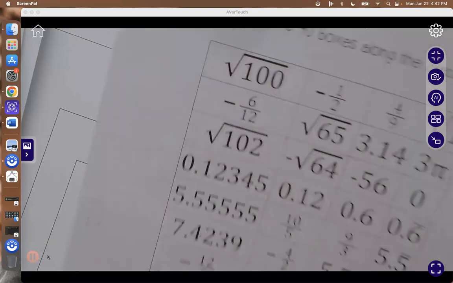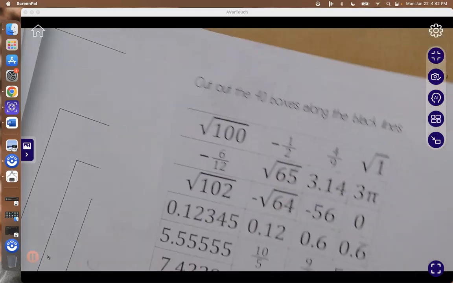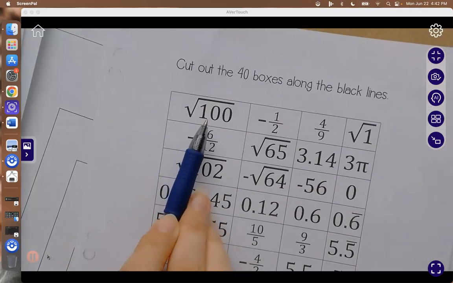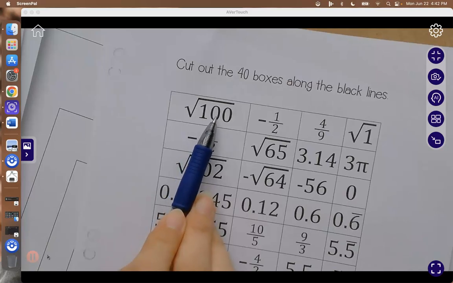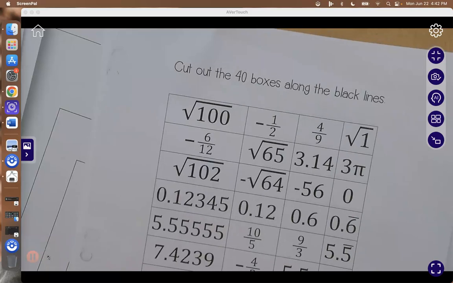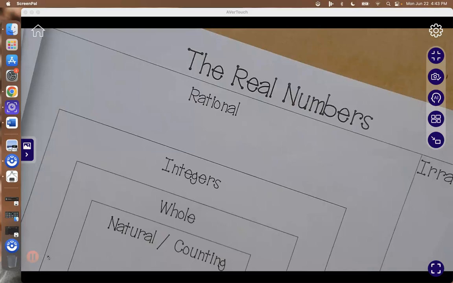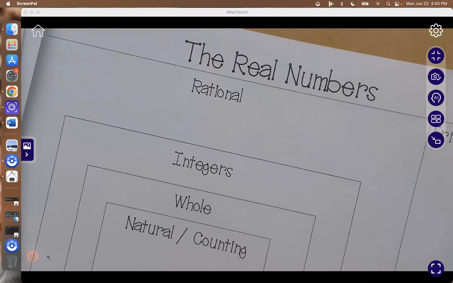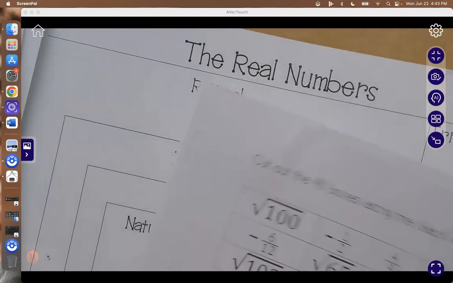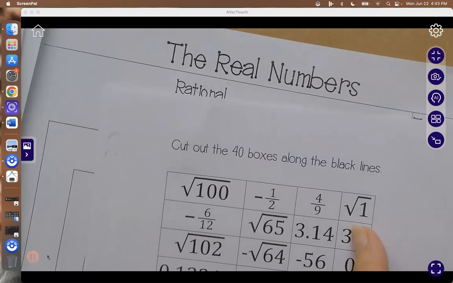And before you glue them, I want you to try to figure out where they go. Now, some of these things can be simplified. Square root of 100 is 10. 10 is a natural number. So I want you to put them on there, and you can pause this so you can do that. And then I'm going to let you check to see if you got yours right. So take a minute, cut those out, place them where you think they need to go, and then we'll check them.